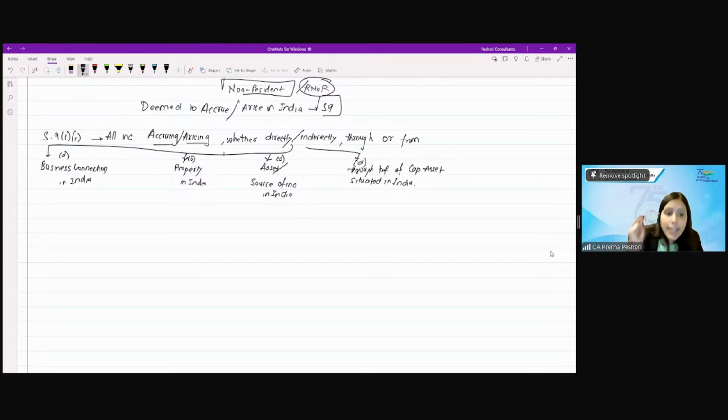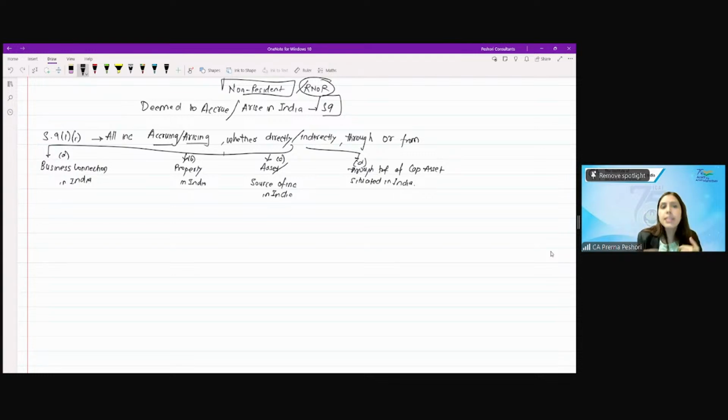So all the income accruing or arising basically means that it is getting generated in India, whether directly or even indirectly, through or from business connection in India, property in India, asset or source of income in India through the transfer of capital assets situated in India. Now, first we will not take business connection. We'll take that after break. We'll first talk about the property in India.